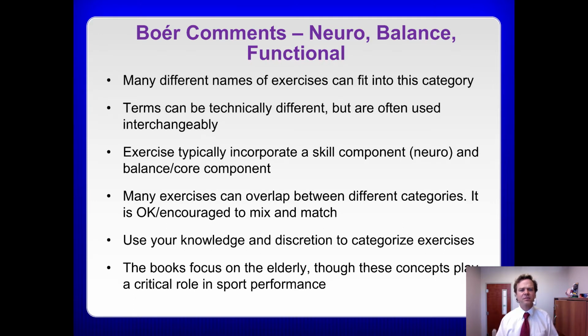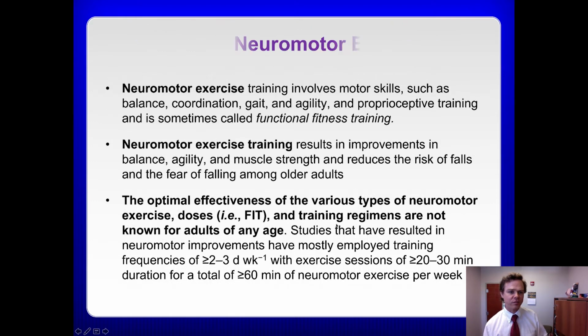Lunges a little bit less so, but squats definitely will include a level of balance and neuro associated with them. So feel free to mix and match. And as I mentioned, the book focuses on the elderly, and I try to address sport performance as well.